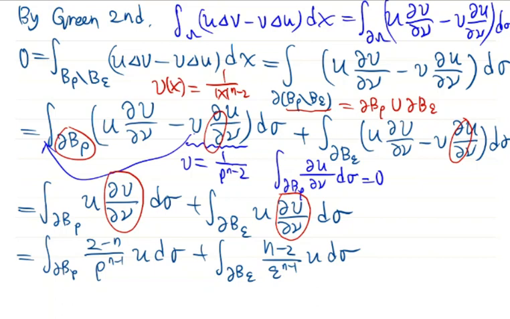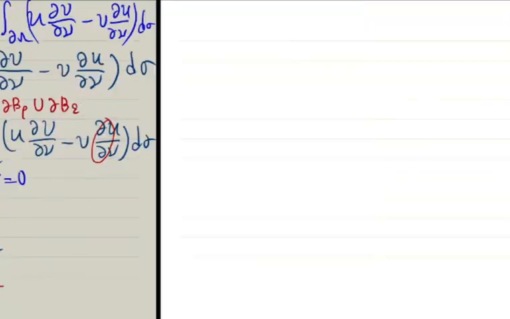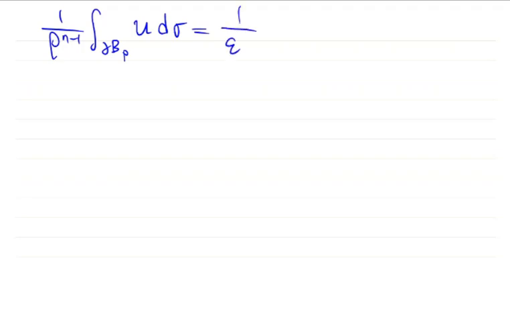Because the left hand side is 0, the sum of these two is 0, and this gives us the following conclusion: 1 over rho^(n-1) equals 1 over epsilon^(n-1).